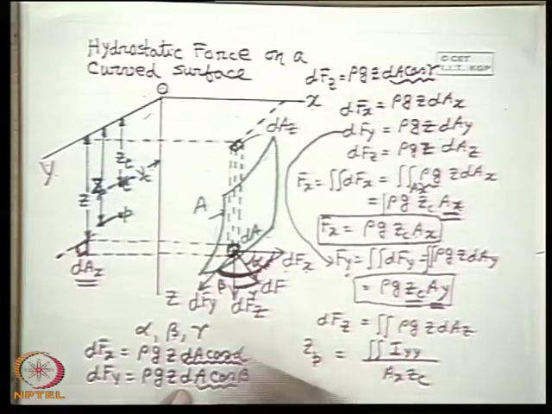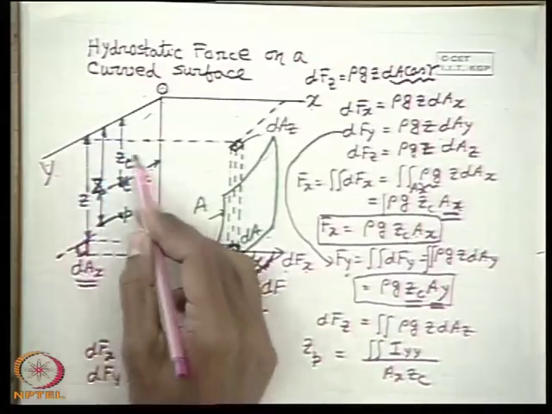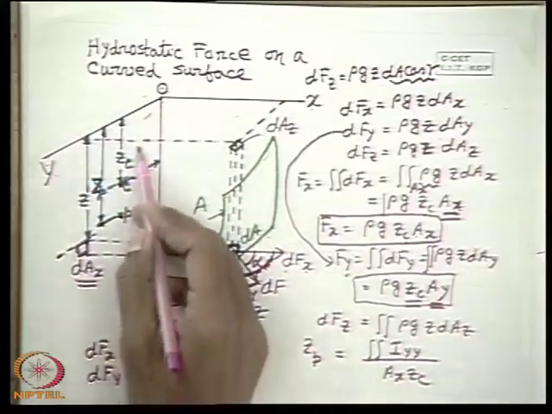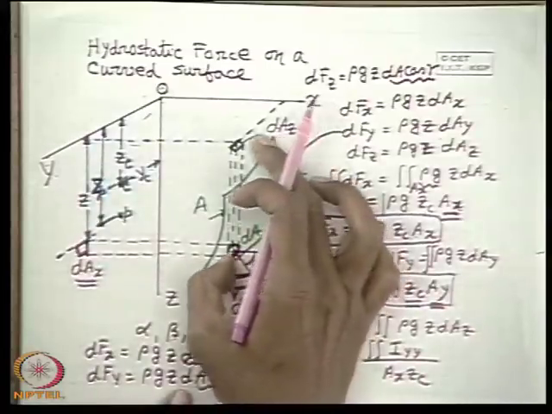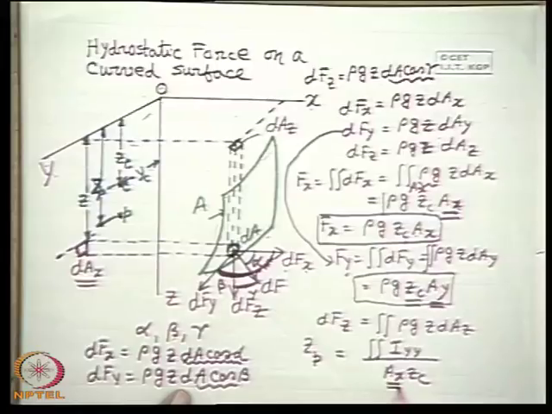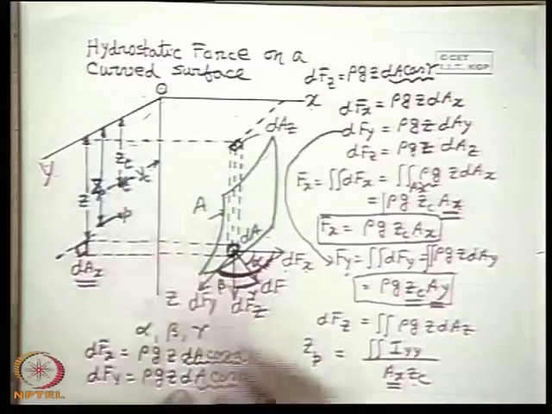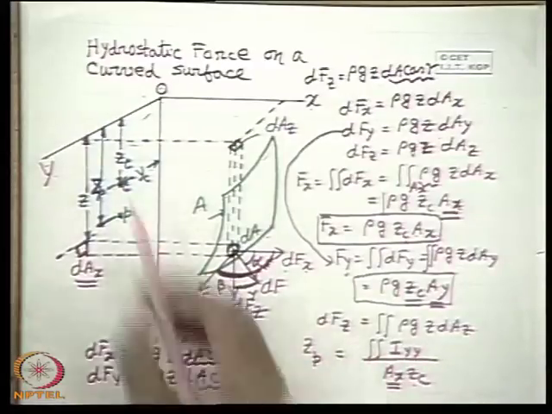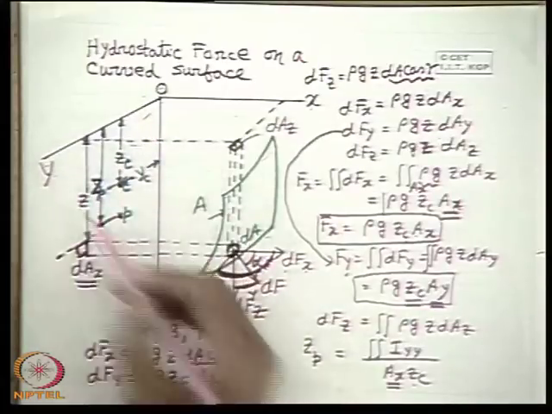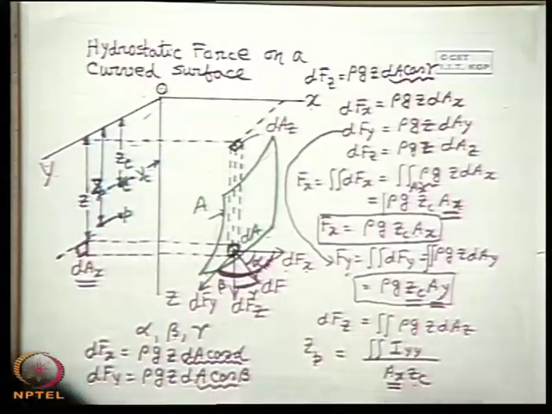That means the second moment of area of the projected area on the yz plane about the oy axis divided by the total area Ax, that is the projected area of the curved surface in the yz plane, times the zc. That of course we can change again by the parallel axis theorem by transforming this second moment of area about the oy axis to another axis parallel to oy through c. That you can do as well, similar to what we did in the case of a plane surface. So this is all right.